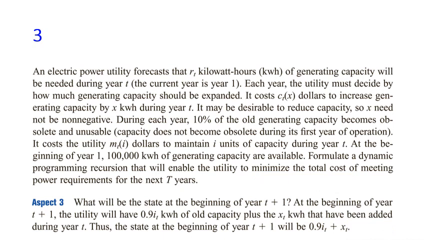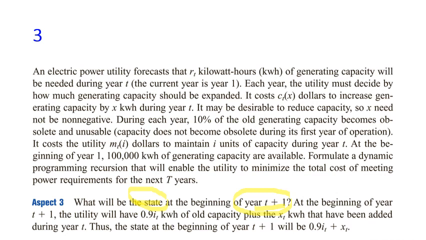In aspect 3, we care about the state at the beginning of the year T plus 1. At the beginning of year T plus 1, we need to know how much capacity we have, because the state here is the capacity that we have at the beginning of the year.